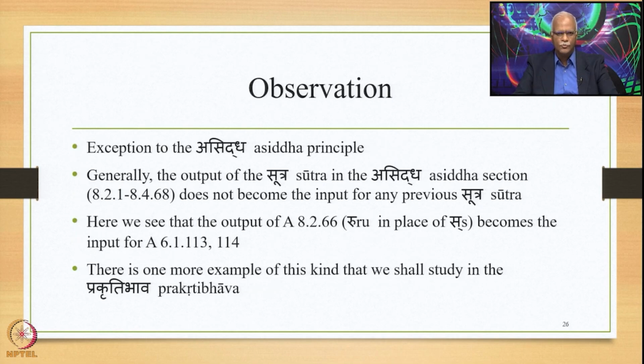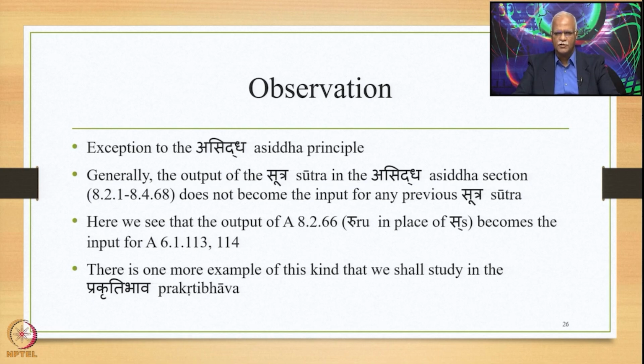One thing we should note over here is that this sandhi and the sutras that we have studied so far give us an exception to the asiddha principle in the Ashtadhyayi. What is the asiddha principle? Generally, the output of the sutra in the asiddha section, that is from 8.2.1 up to 8.4.68, does not become the input for any previous sutra.